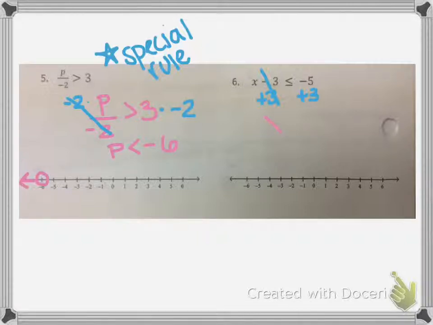I'm left with just x is less than or equal to, and negative 5 plus 3 is negative 2. So x is less than or equal to negative 2. It can be exactly negative 2. So I will have a closed circle, a colored in circle at negative 2, and the arrow points to the left for less than.